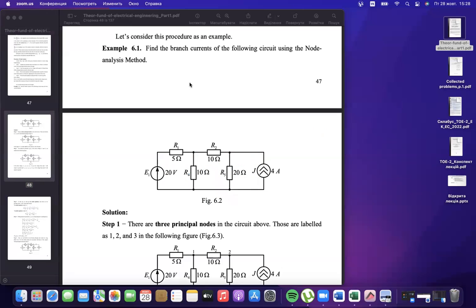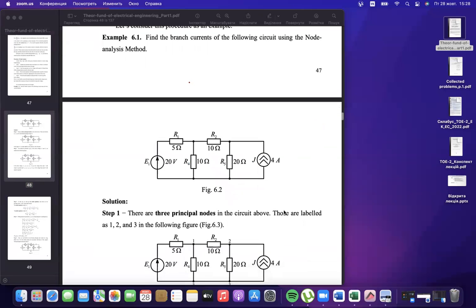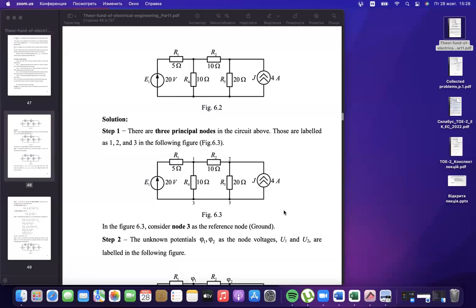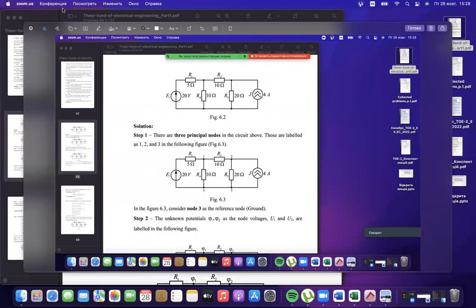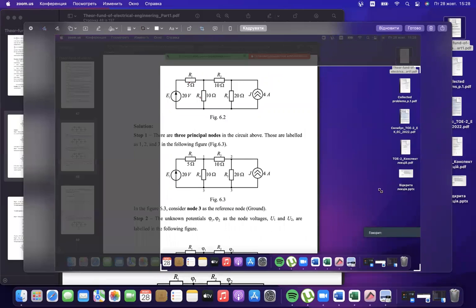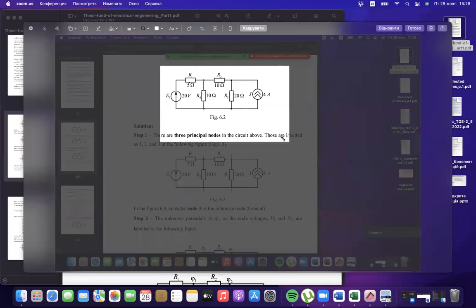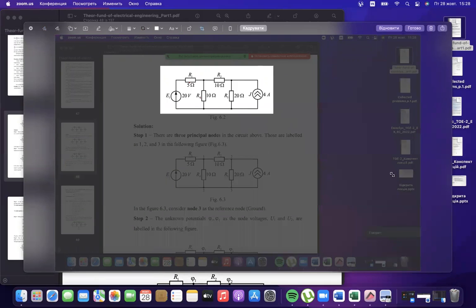Let's see how it will be for nodal voltages. Let's save the picture to see it.